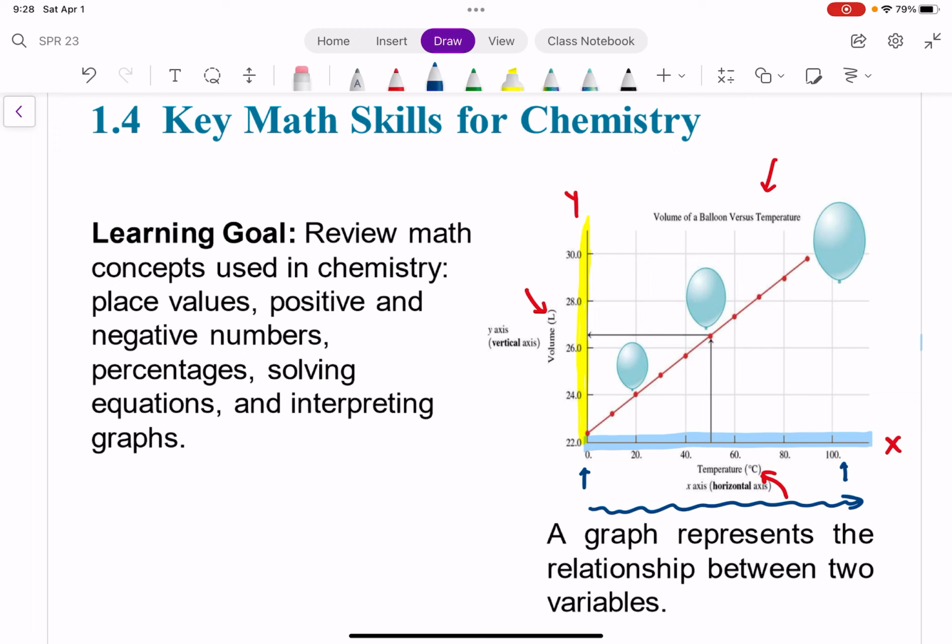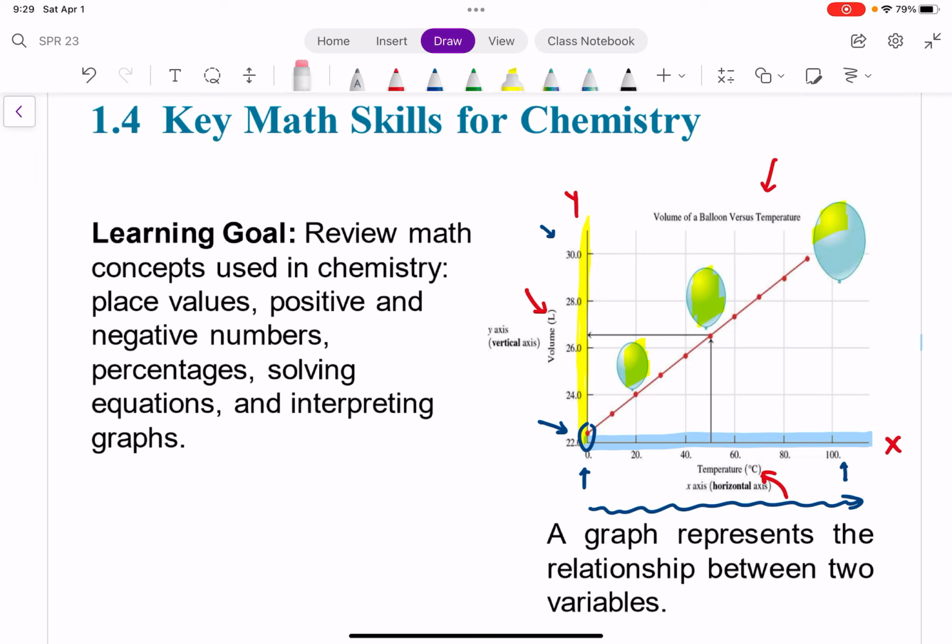And likewise, we start at about 22 liters of volume, and we end up at around 30. So if you'll notice, the balloon is getting larger, the volume is getting larger as we increase our temperature.